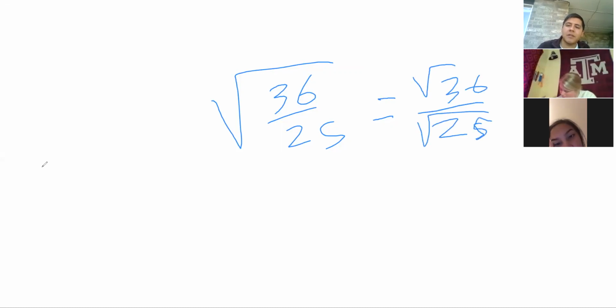So even though it's a fraction, we still apply the square root to both the numerator and the denominator. So what would be the answer in this case? 6 over 5, yes. Okay, so whenever we have a fraction, we can apply it to both the numerator and the denominator.